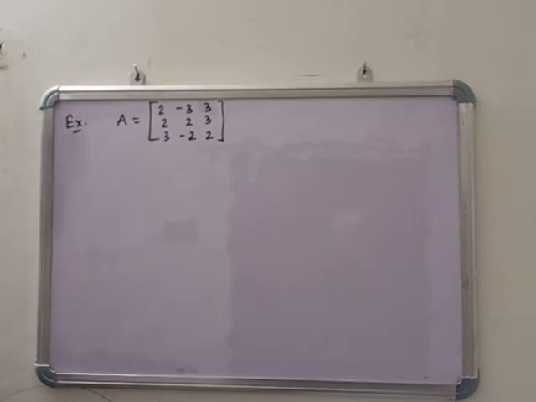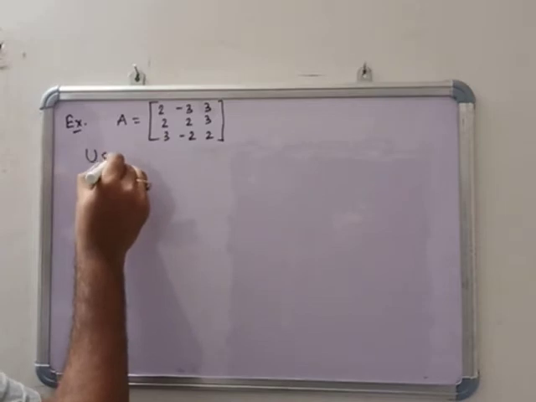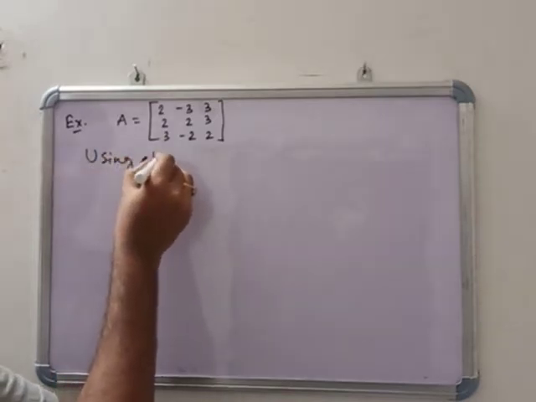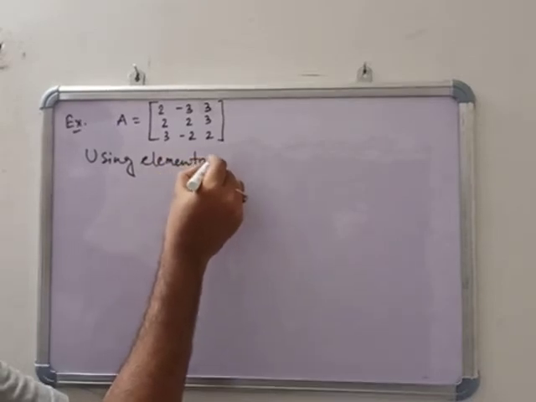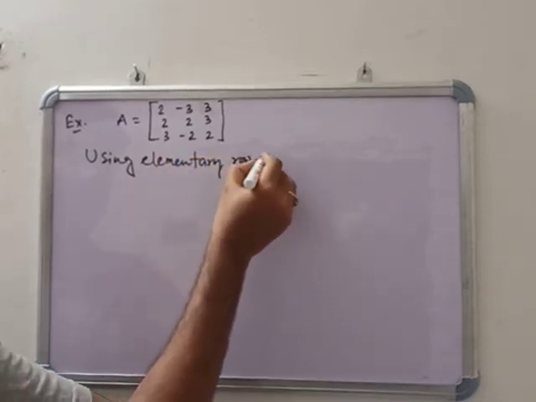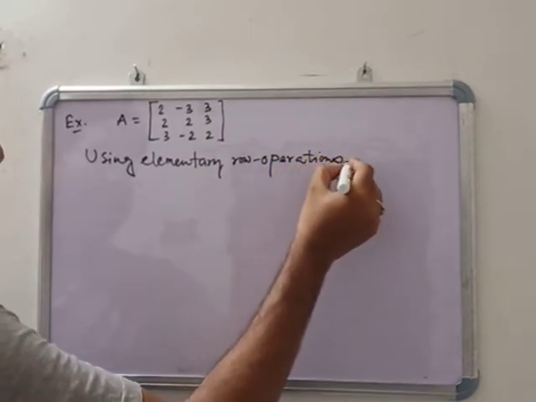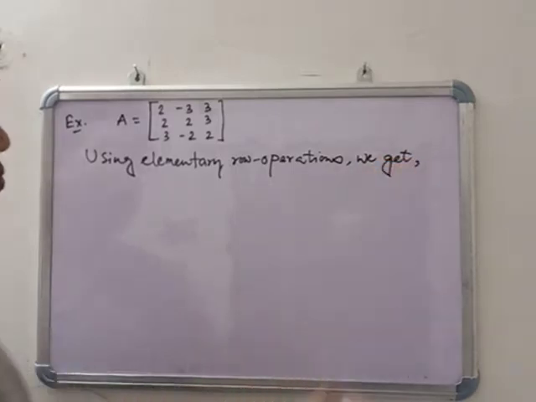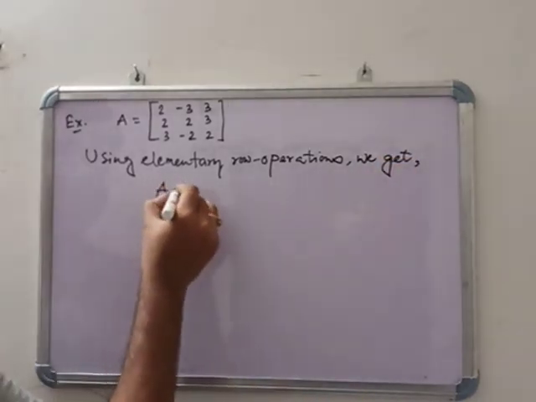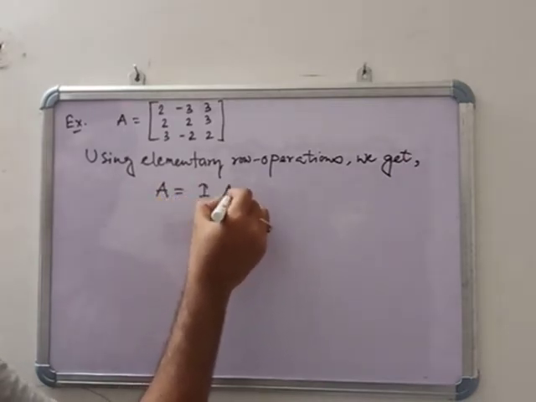This is the A. Now using elementary operations, we get A equals IA.